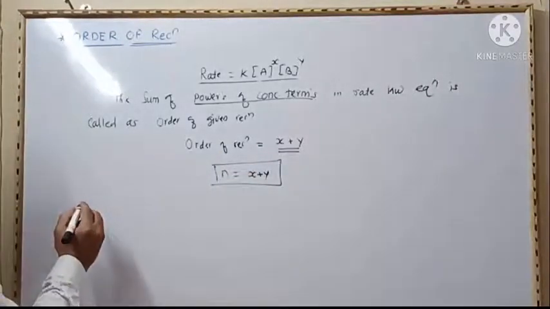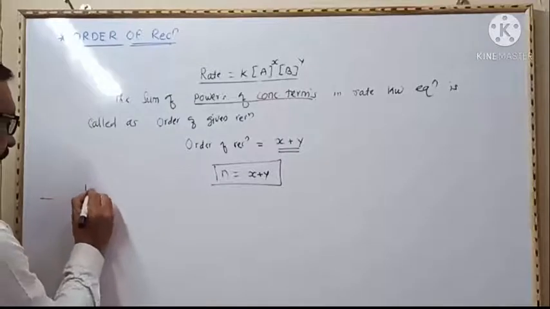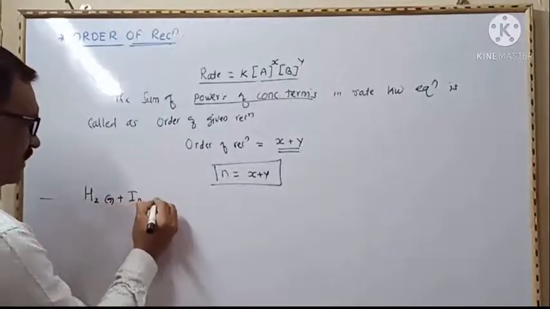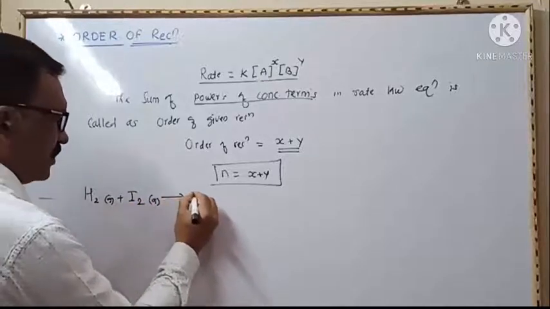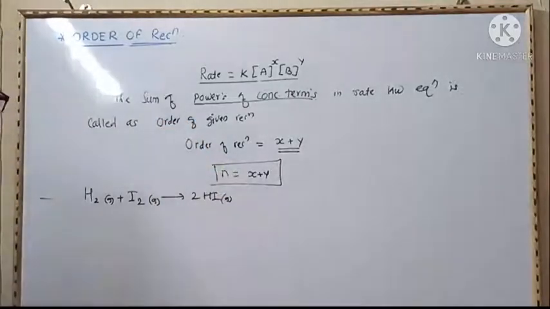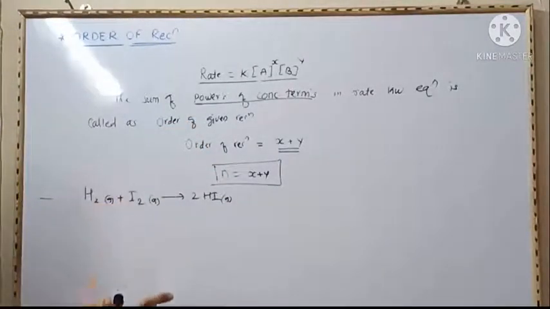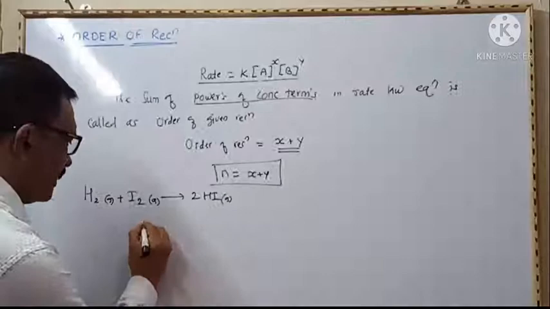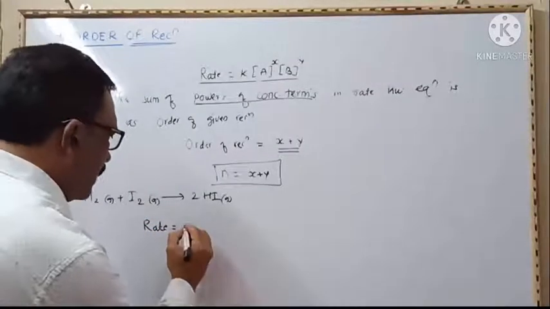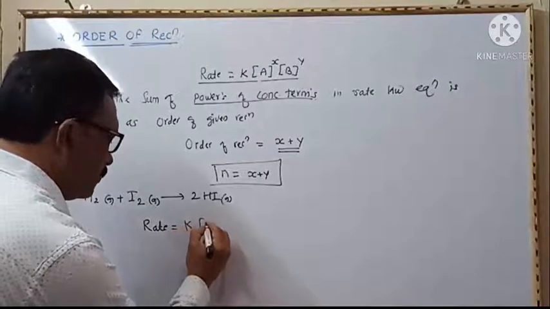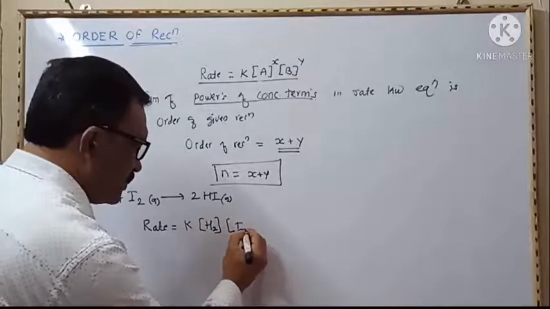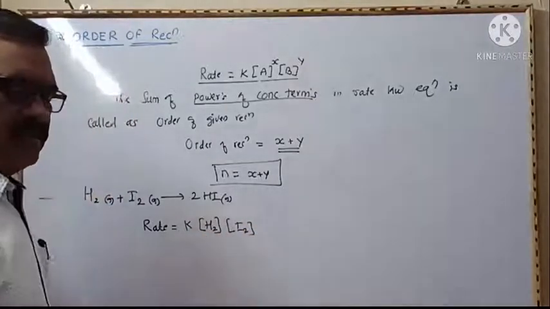For example, consider the reaction hydrogen gas plus iodine gas gives twice hydrogen iodide gas. For this reaction, rate is equal to the rate constant into the concentration of hydrogen into the concentration of iodine.